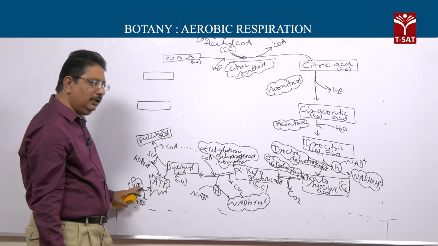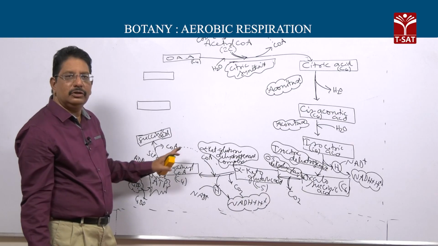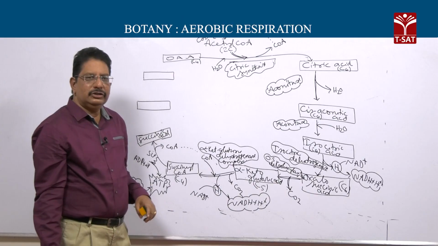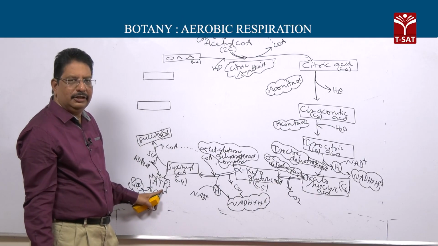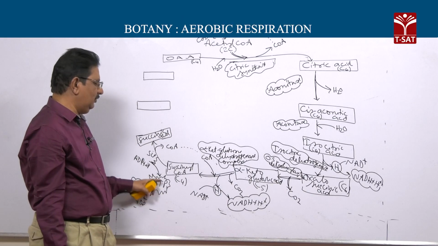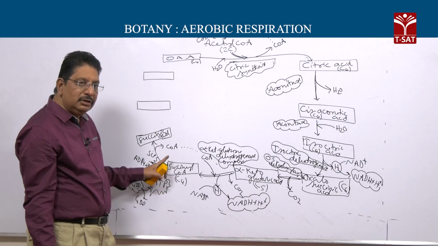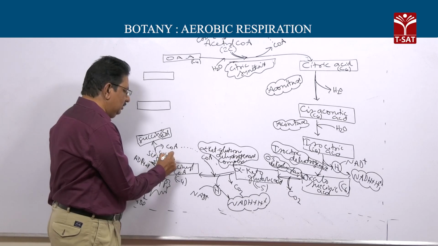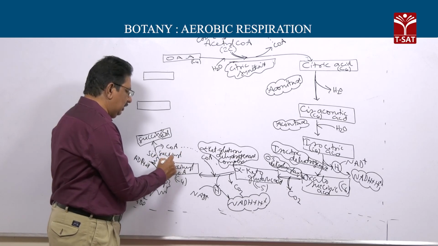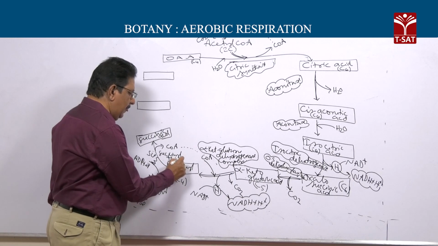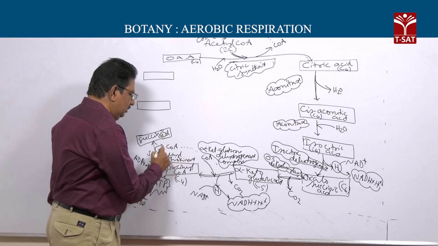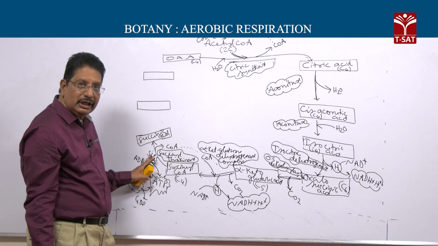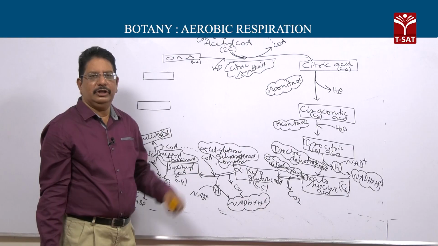Later it converts into ATP, but if it is a plant cell, straight away ATP is formed. This reaction is catalyzed by an enzyme called succinyl thiokinase. Succinyl thiokinase is the enzyme involved in the SLP step in the Krebs cycle.